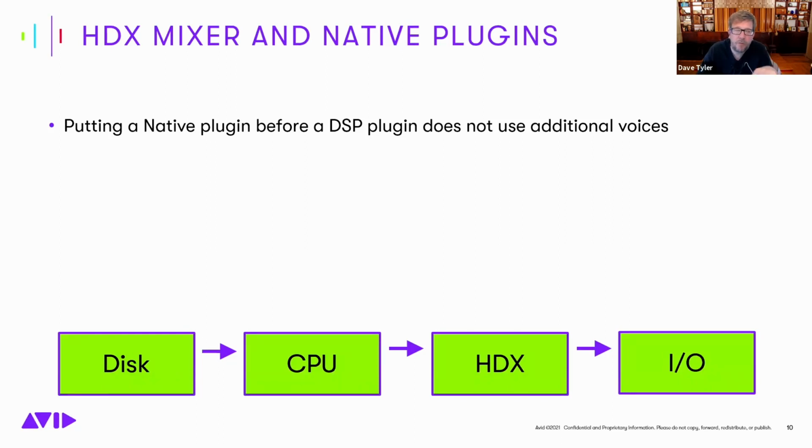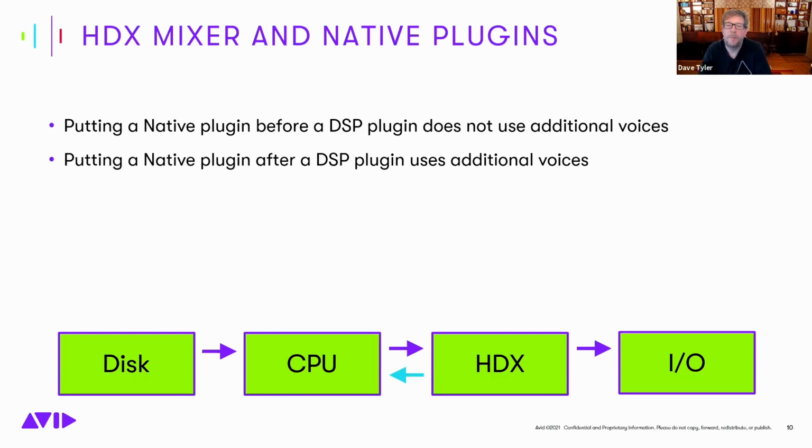So if you put a native plugin on, then because the audio is going through the CPU first, you can do the native processing there before it gets to the HDX mixer. However, if you put a native plugin after a DSP plugin, it requires a voice to hop from the HDX DSP domain back to the CPU, do the processing, and then go back to the HDX mixer.